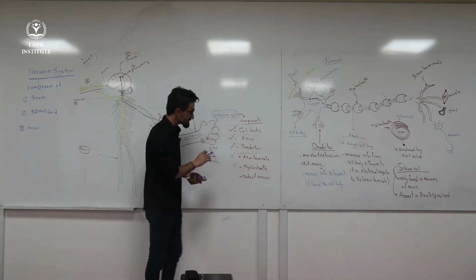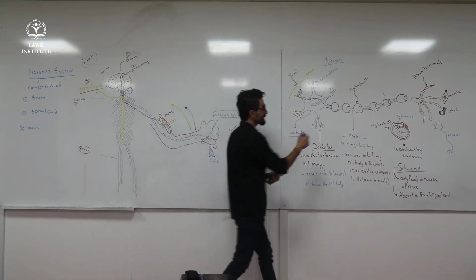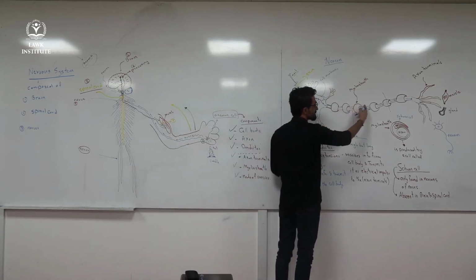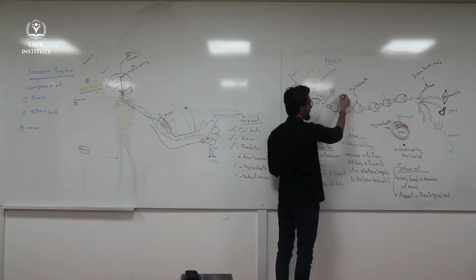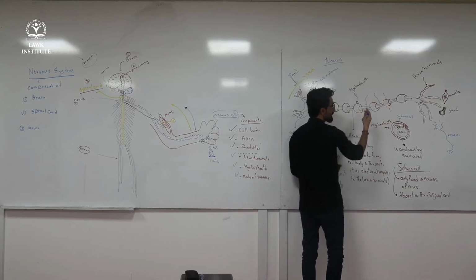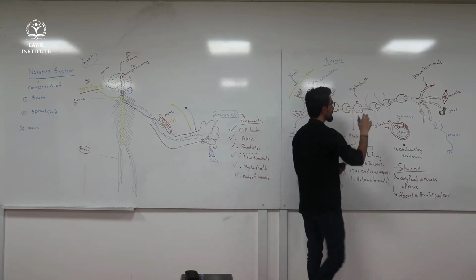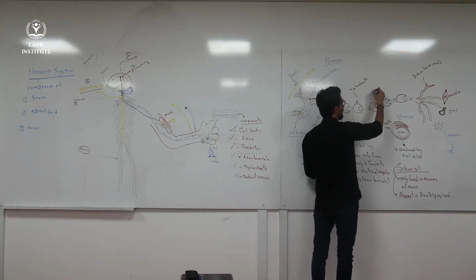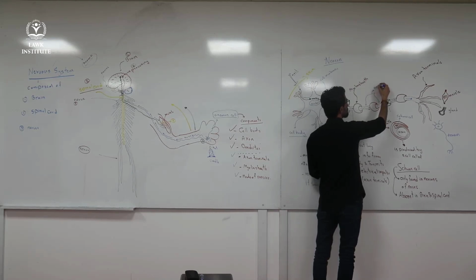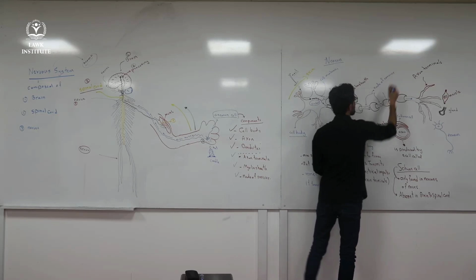So to summarize things, and finally, we have node of Ranvier. These gaps that are found between each two neighboring myelin sheaths are called node of Ranvier.